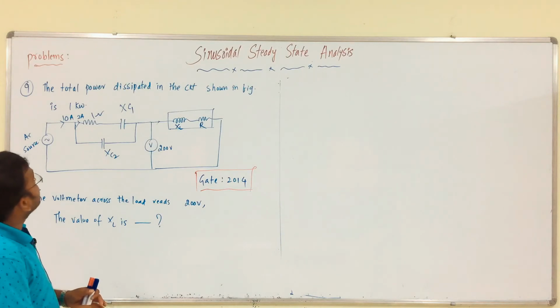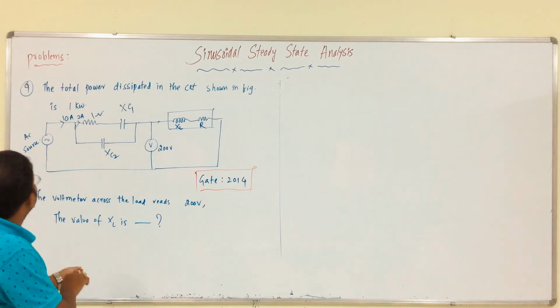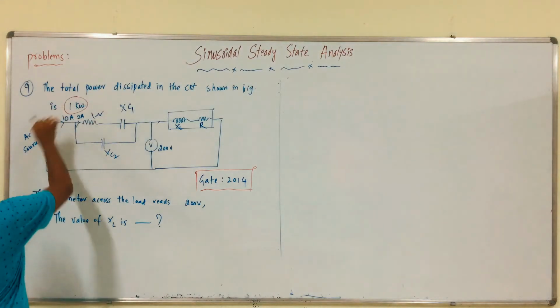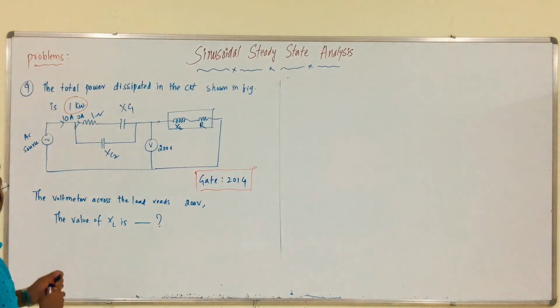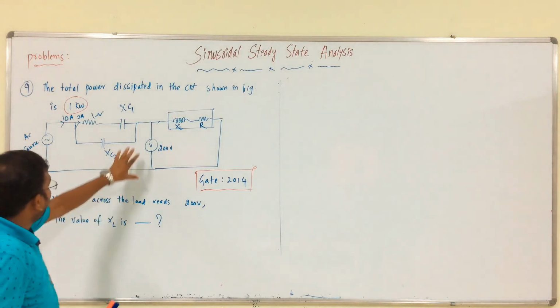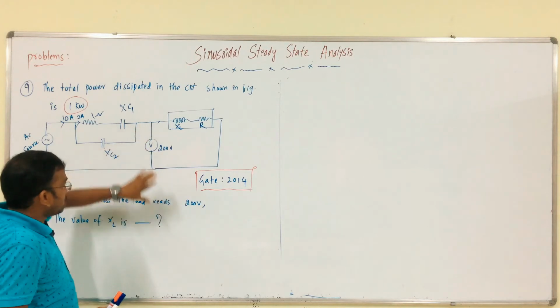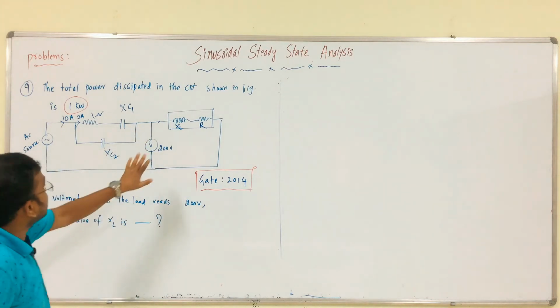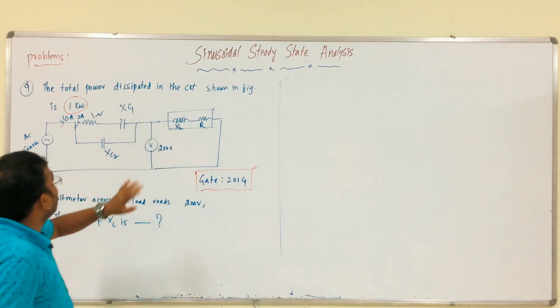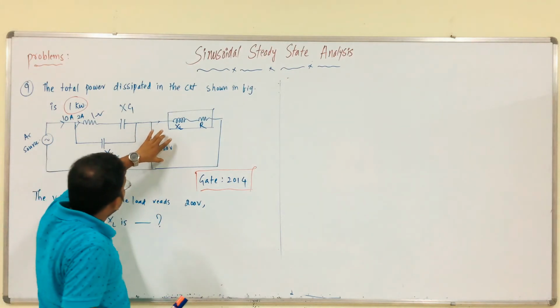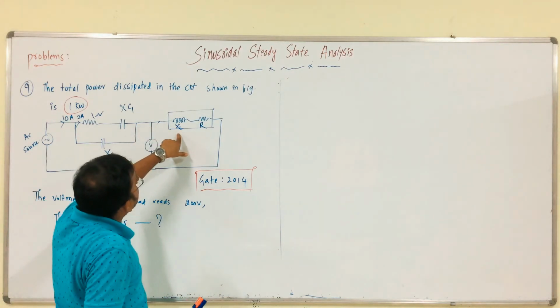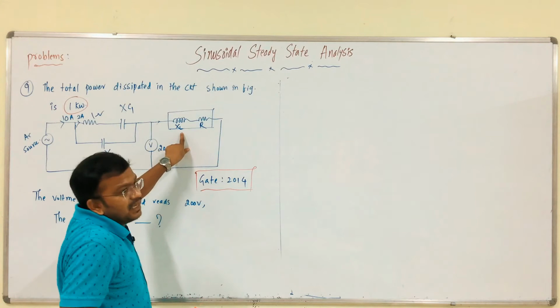The total power dissipated in the circuit shown in the figure is 1 kilowatt. Then the voltmeter across the load reads 200 volts, then what is the value of XL? Okay, so across the load means this 200 volts is across the series combination of R and XL.